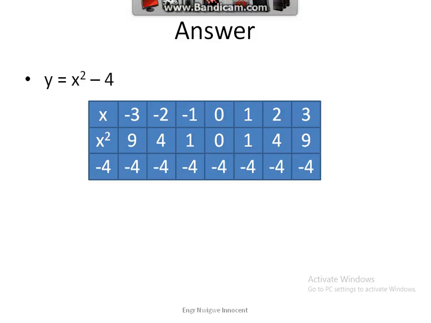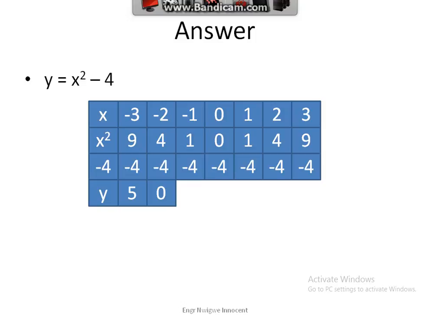Then, to get y, we take x squared minus 4. Along the first column, we have 9 for x squared and minus 4, which gives 9 minus 4, which is 5. For the second column, x squared is 4, minus 4, which is 0.